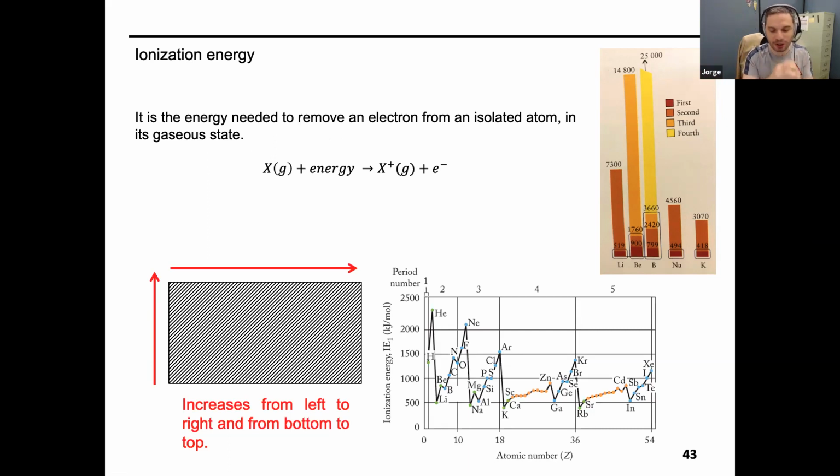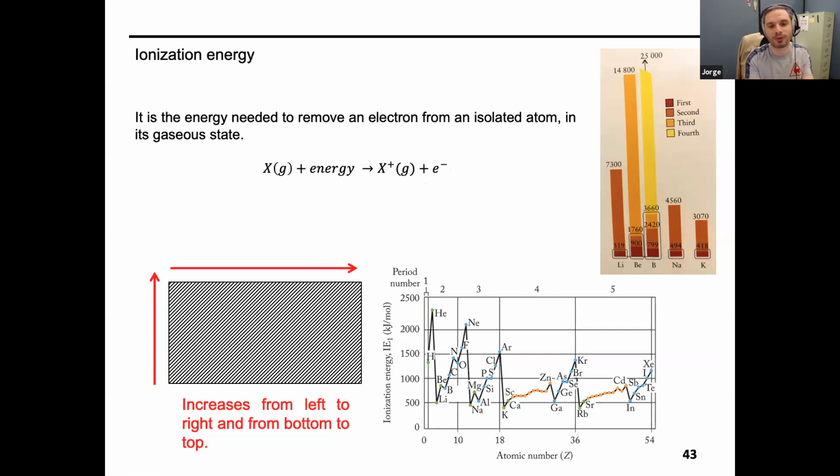So always the changes are going to be on the valence shell. Once we remove an electron from this element, we form a cation, 1 plus, and release one electron, okay?